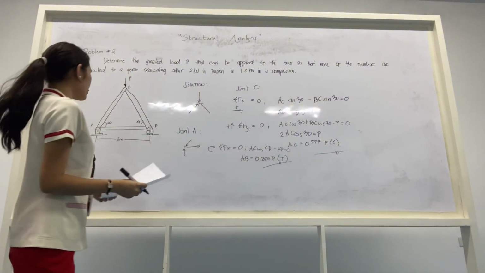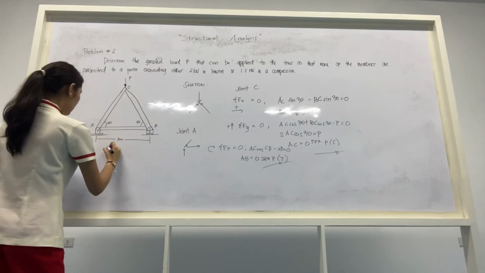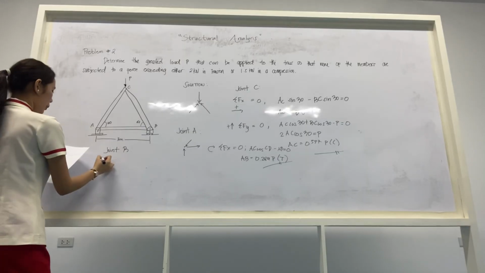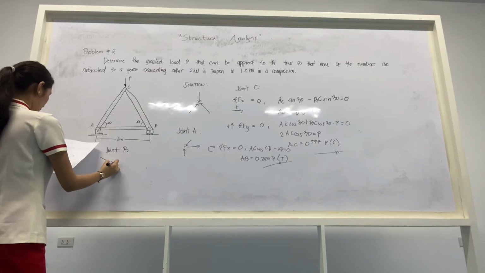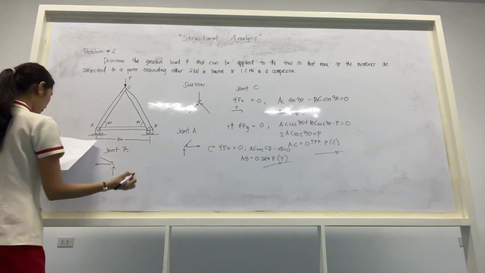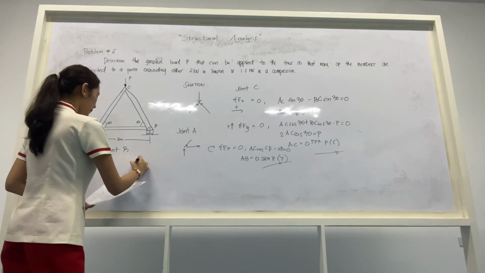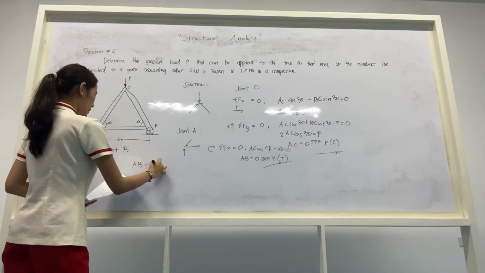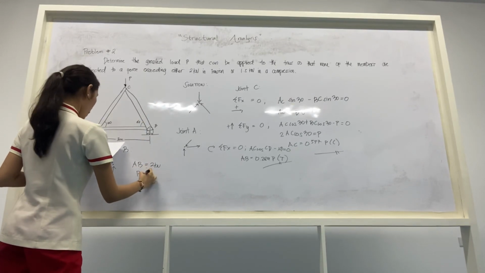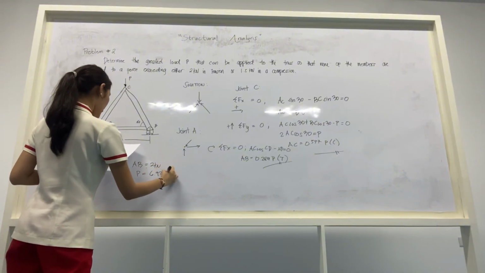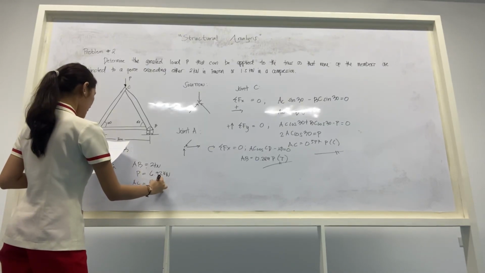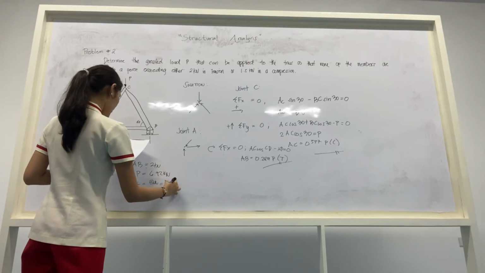So lastly, we have our joint B. We have here downward again, horizontal, and upward. We have again AB is equal to 2 kN since it is given in our problem, and we have here P is equal to 6.92 kN. And we have here our AC is equal to 4 kN, equal to BC.